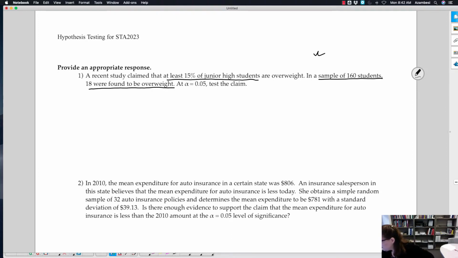So if you have a number of some people out of a sample, then you should be thinking P for proportions. Now, the other thing that you're missing is a standard deviation. So problems that are missing a standard deviation and don't have data values that you have to calculate your own also indicate proportion.